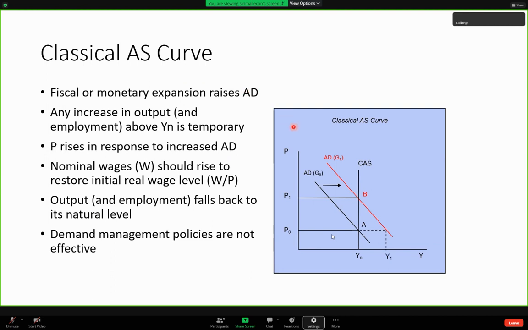Now this increase of output level is the initial Keynesian understanding, going even beyond Keynes. You can see the output has increased from Yn to Y1 under the ongoing price level, E0.